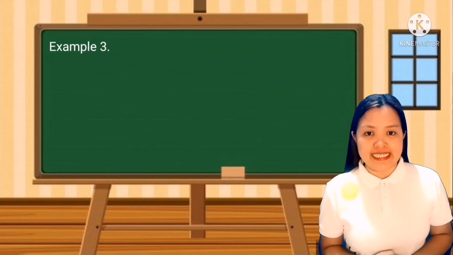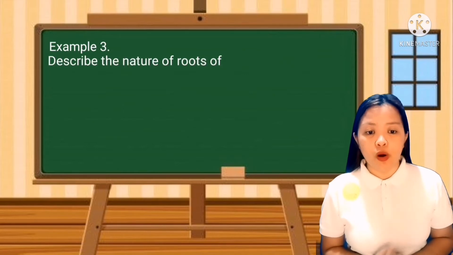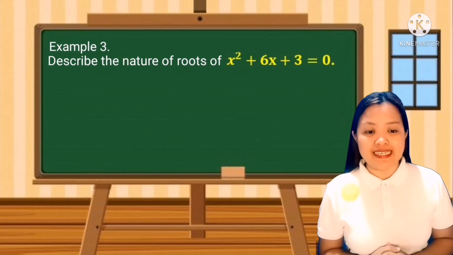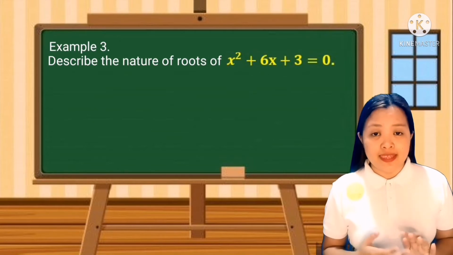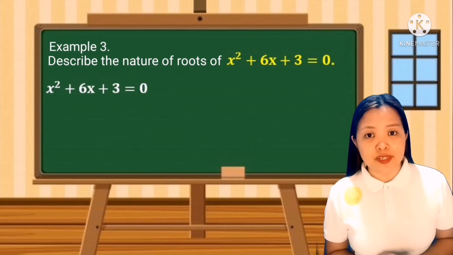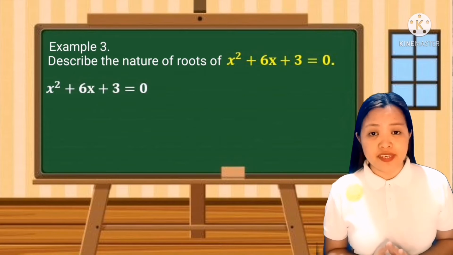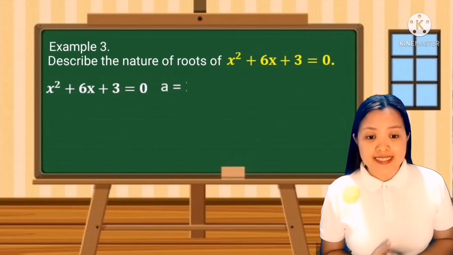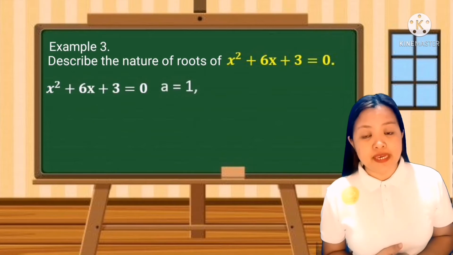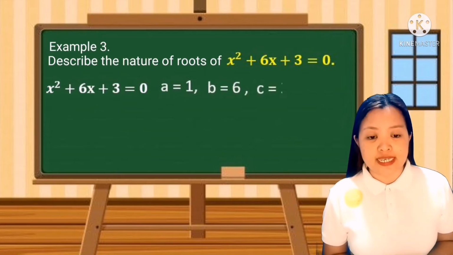Example number 3. Describe the nature of roots of x squared plus 6x plus 3 equals 0. The equation is already in standard form, so we can now identify the values of a, b, and c. A is equal to 1, b is equal to 6, and c is equal to 3.